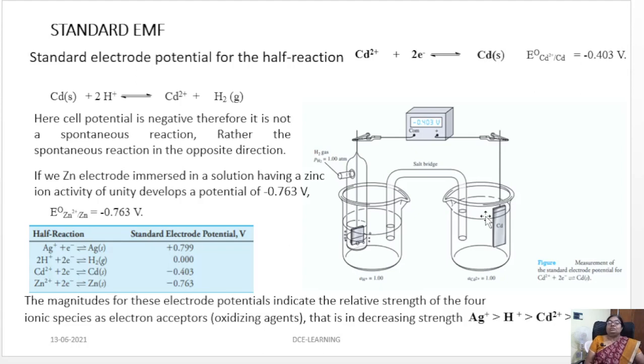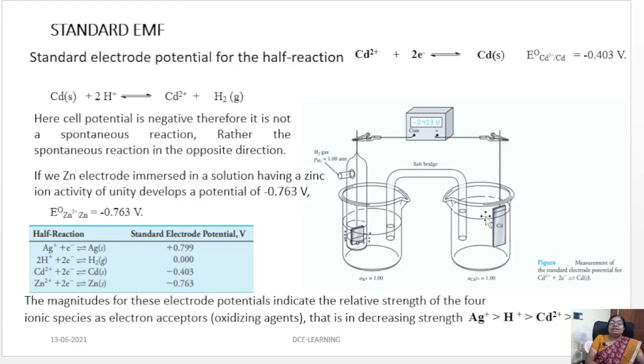It undergoes oxidation, so electrons also flow from zinc to hydrogen gas. Therefore hydrogen is the reference, the standard electrode potential, taken with a platinum electrode.